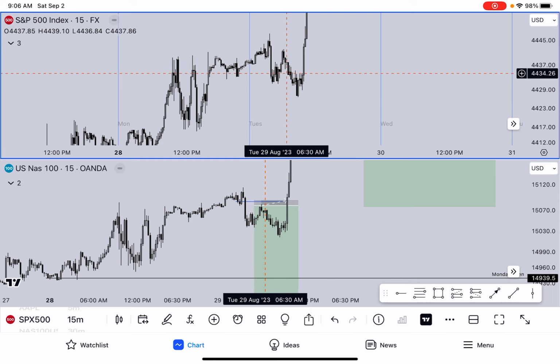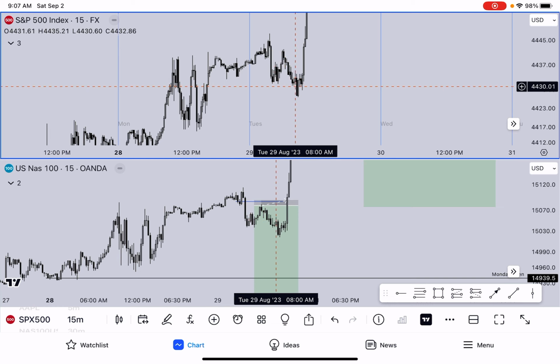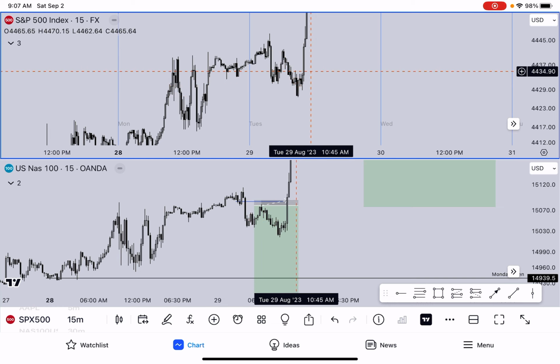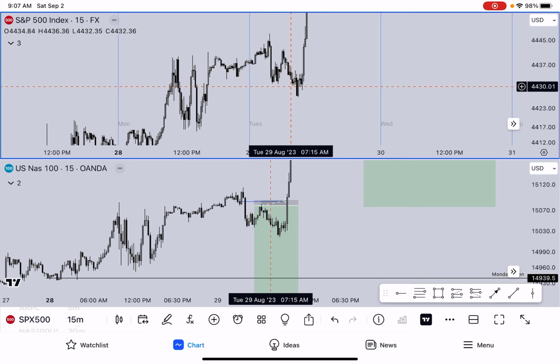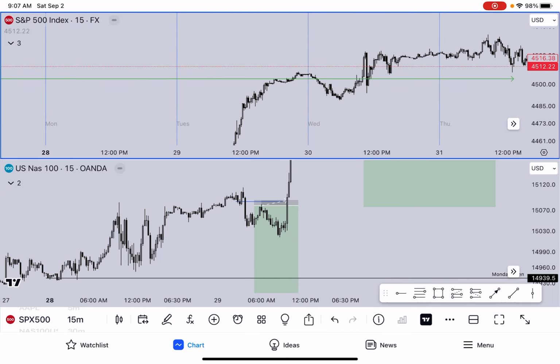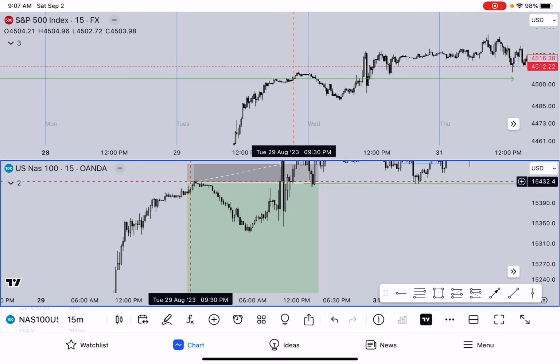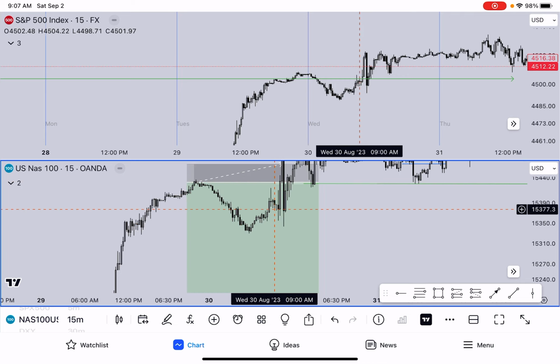So around 6 o'clock market was around here. Yeah, we do see the lower lows on both. Price goes up. So, oh well. Took another trade on NASDAQ. Same thing. I see some profits, but then price reverses.